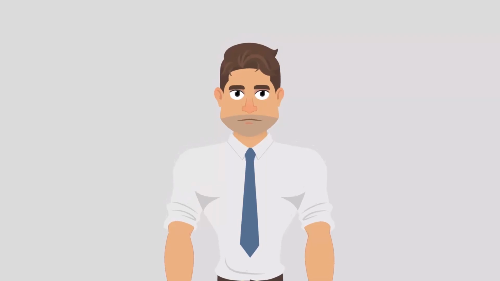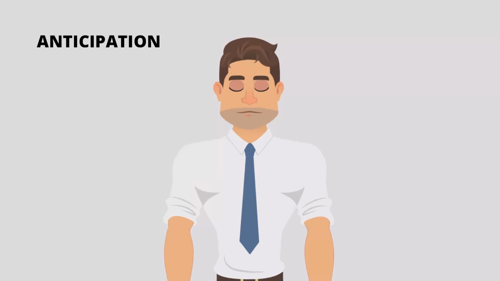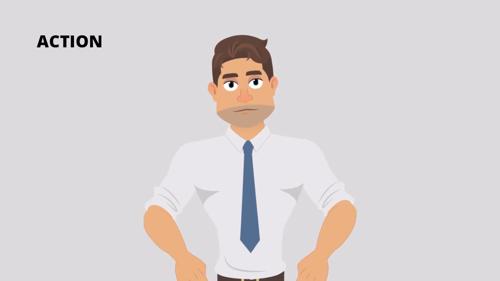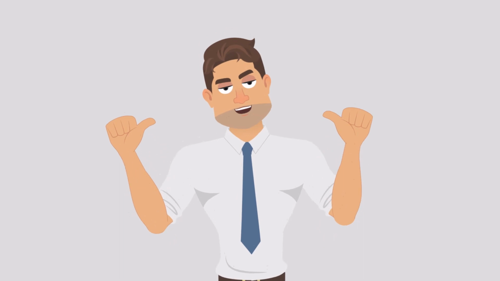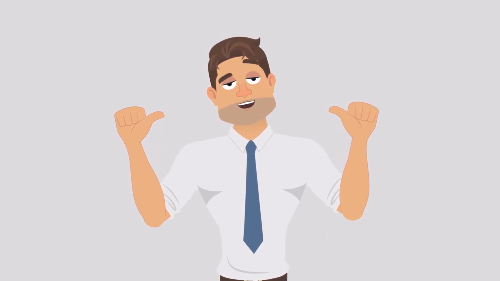Now, the better version looks like this. It has an initial pose, just like the other one, but this one has a little anticipation for the action. He's preparing to do this move. Then the action, pointing to himself, and aftermath. He bounces a little bit. And finally, the end pose.